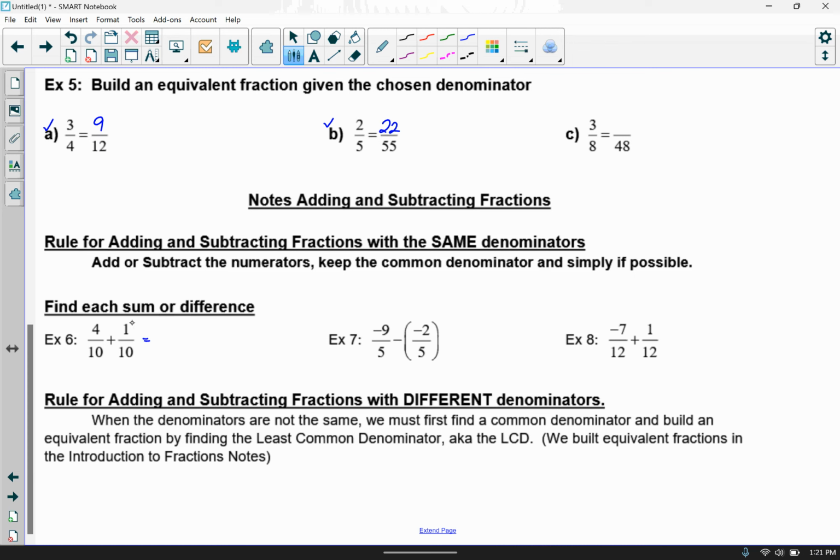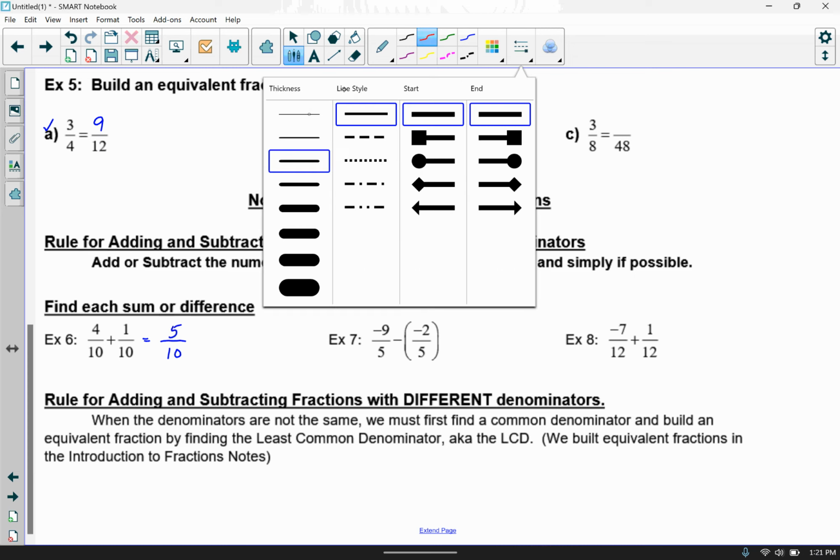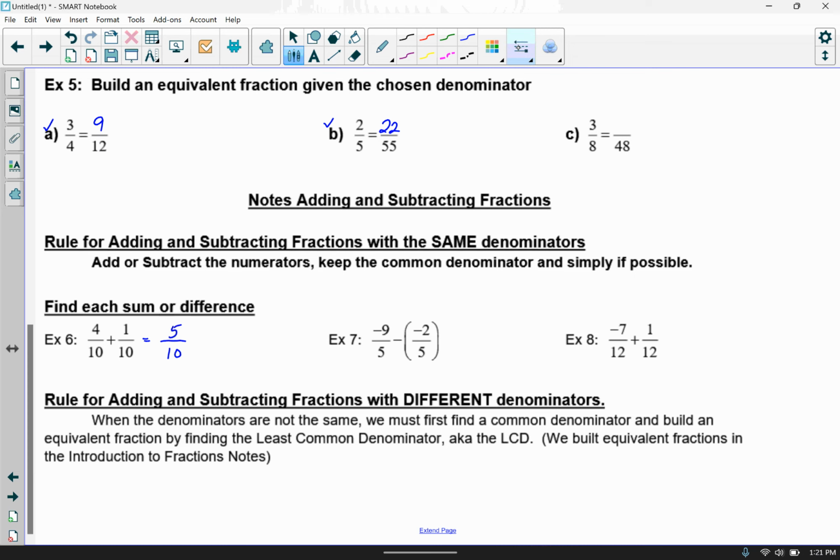All right, so again, they already have the same common denominator, so I just bring that denominator over. The only thing that gets added or subtracted are your numerators. So here I have 4 plus 1, which gives me 5/10. Hopefully you agree that 5 and 10 still have something in common, so they can be reduced. I could divide them both by 5, the top and the bottom.